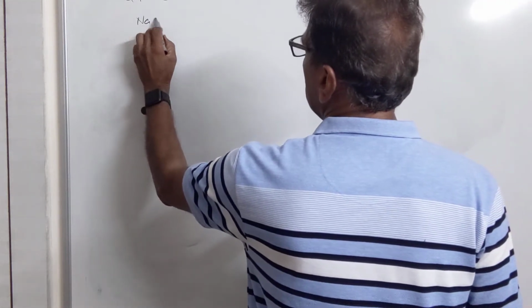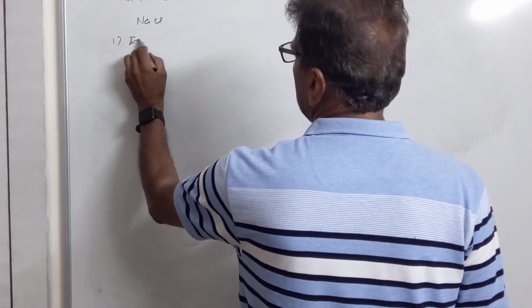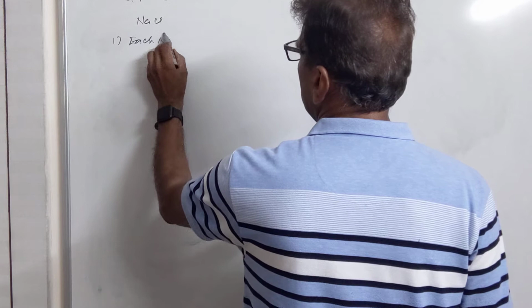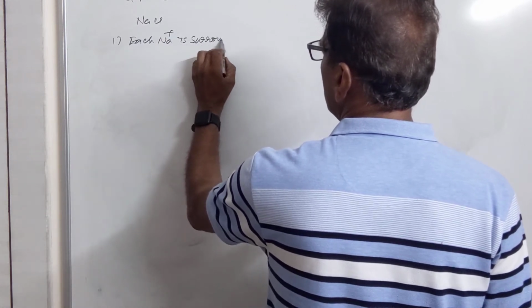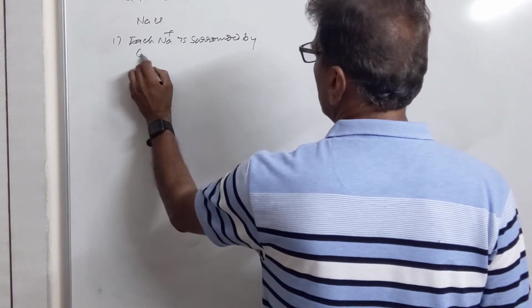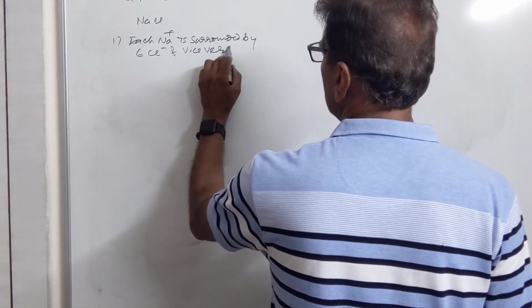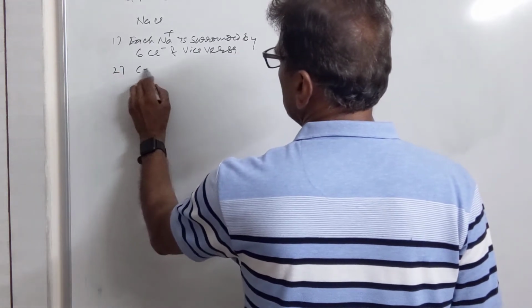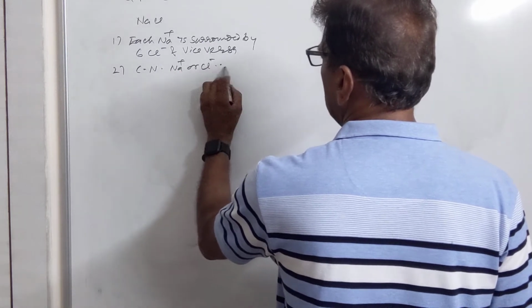First of all, NaCl: each sodium ion is surrounded by 6 chloride ions, and vice versa. So the coordination number, whether sodium or chloride, is 6.